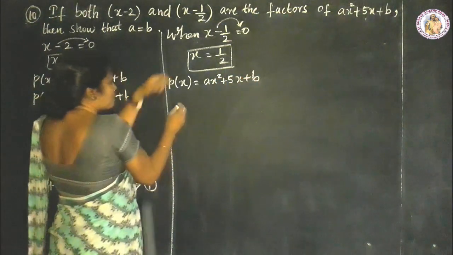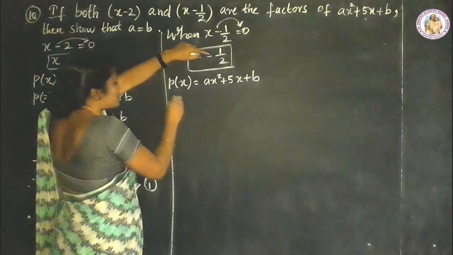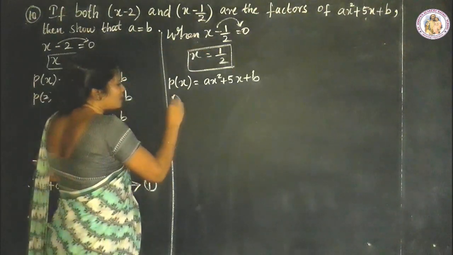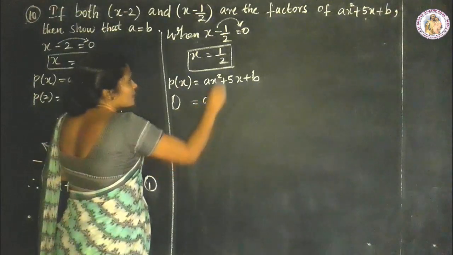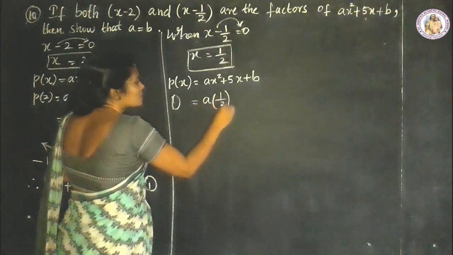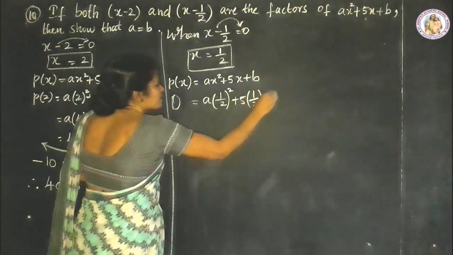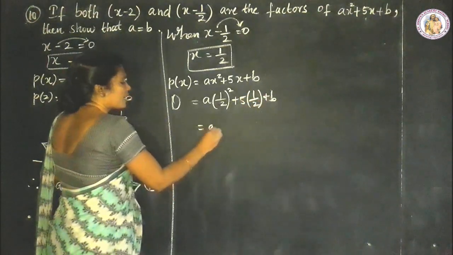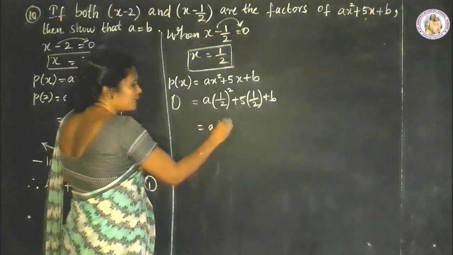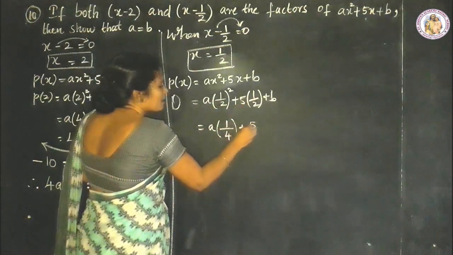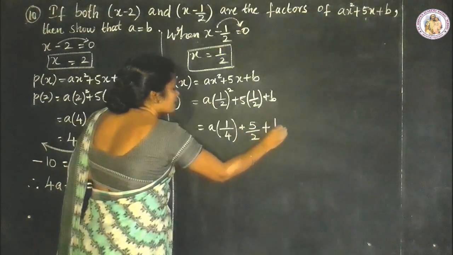In the place of x, write 1 by 2. a into 1 by 2 square plus 5 into 1 by 2 plus b. Now write a into 1, 1, 2 2s are 4, plus 1 5s are 5 by 2 plus b.